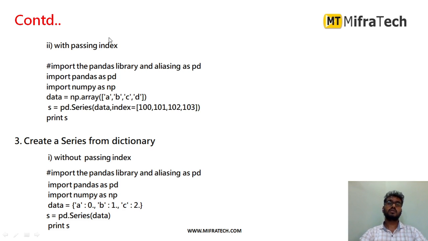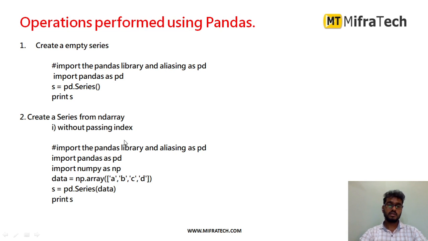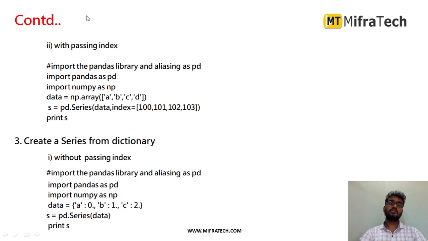We can also create a series with passing index values. In the first case, we created a series without passing the index values. But here we can create the series from the n-dimensional array with passing an index, like we can also pass index values manually in the code. Similarly, first we import pandas as pd, then numpy as np. Then we create an n-dimensional array using np.array.